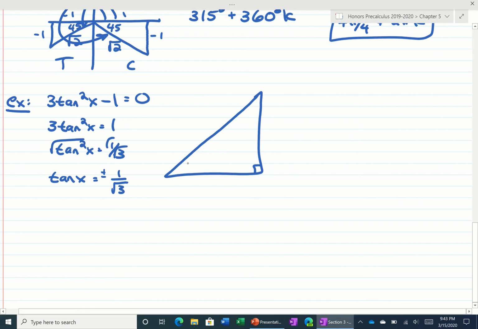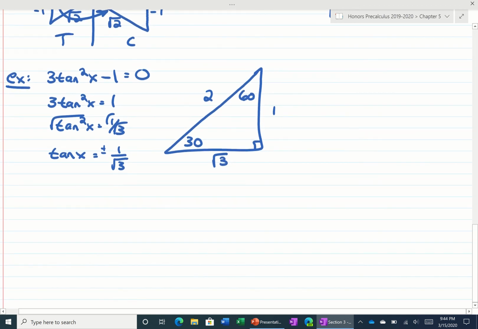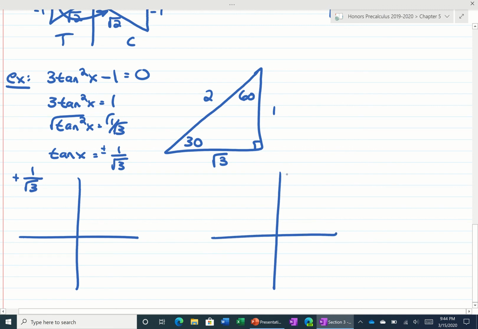So that comes from our 30, 60, 90 triangle. We have 1, 2, and root 3. The tangent of 30 degrees gives me 1 over root 3. So I'm looking for when is tan positive 1 over root 3, and what angles would give us a negative 1 over root 3.